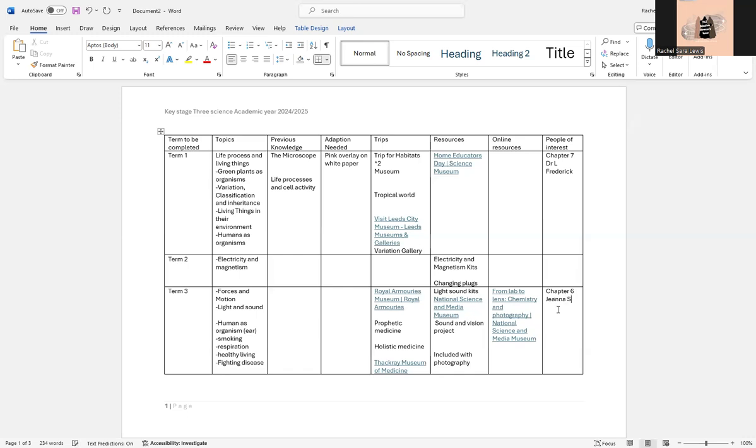We will look at Jenny Ann Sinkford, and that is chapter 6 of the book. We'll be looking at the Sinkford family plan, where she worked out that she could get her children through academia much quicker than most people would think.